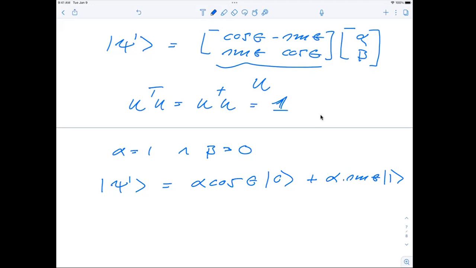Now we can rewrite this in a more generic way, and we are coming back to that in connection with something which is called the Bloch sphere. But now I'm just going to state it in more general terms.